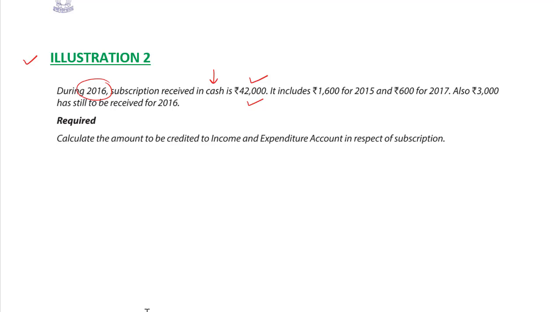This subscription includes 1600 for 2015, that is of previous year, and for 2017 it includes 600. Also, 3000 has still to be received for 2016. This means this is outstanding for 2016. Calculate the amount to be credited to income and expenditure account in respect of subscription.